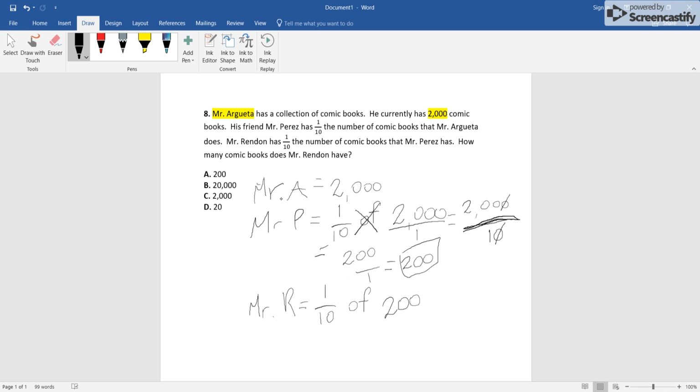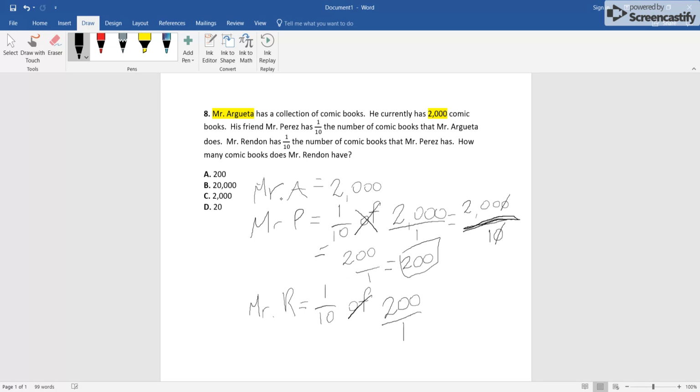Okay. And remember, one-tenth means it's getting smaller. And as we see here, one-tenth of 2,000 is 200. So it did get smaller. And we're just trying to make this into a fraction to match our fraction here, which is one-tenth. Same thing, 200 divided by 1 is still going to be 200.